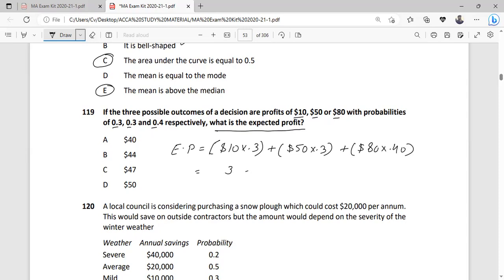So 3 plus 15 plus 32. So we can add up these values. It is 50. D is the right answer.